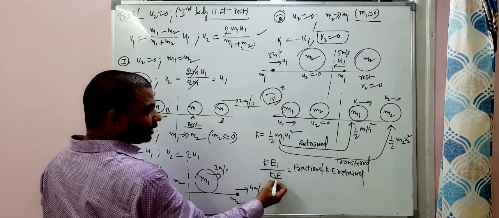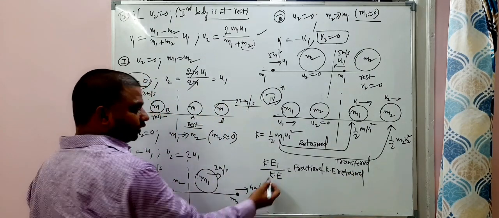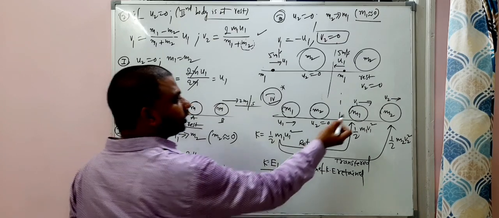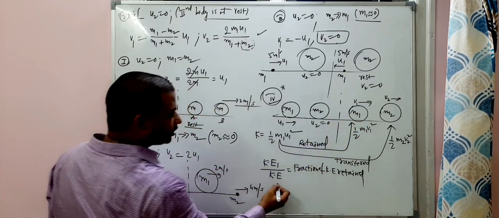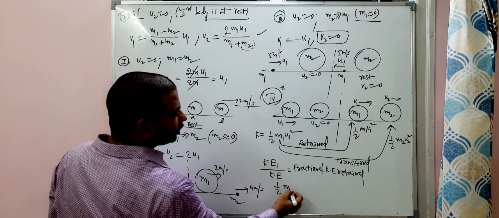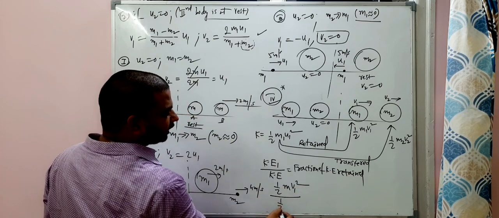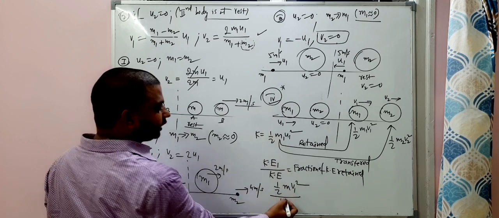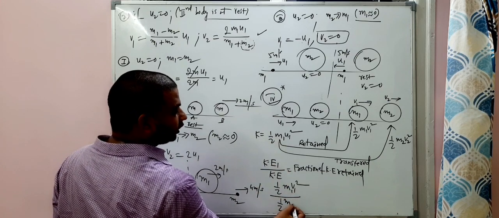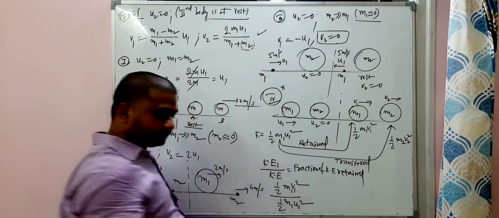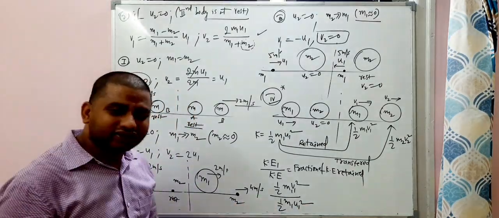So this is kinetic energy 1, the kinetic energy after the collision. It is half into M1 into V1 square divided by the initial kinetic energy, half M1 U1 square. And writing this is very simple.